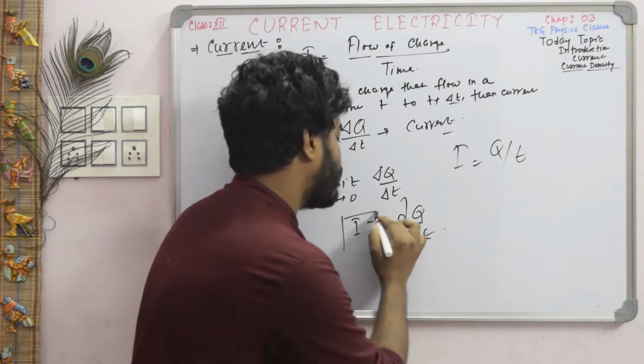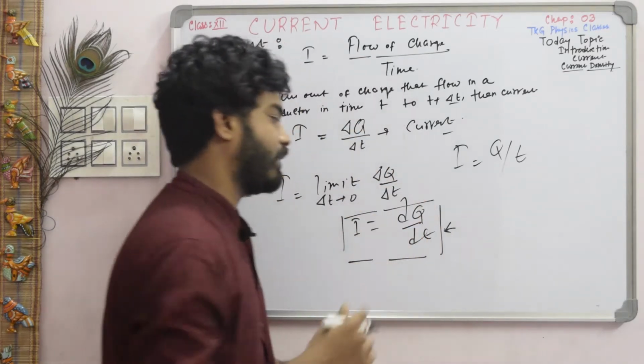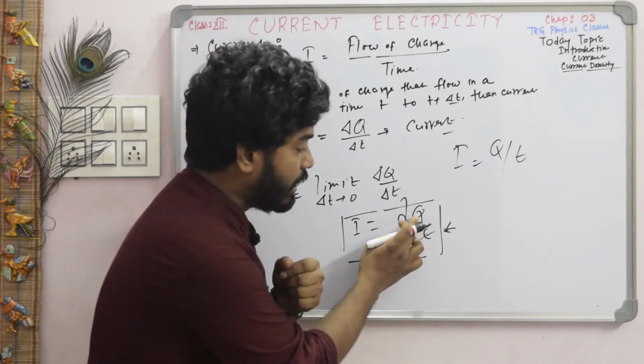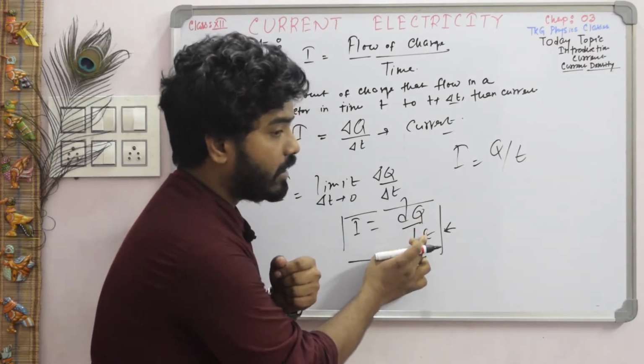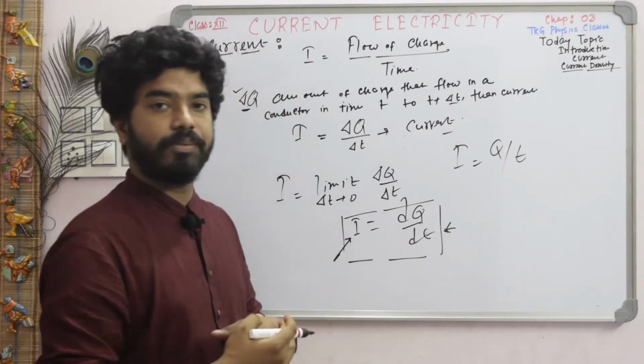So actually for current we use this expression, dq by dt. If we differentiate q with respect to t in first order, then we can find the electric current.